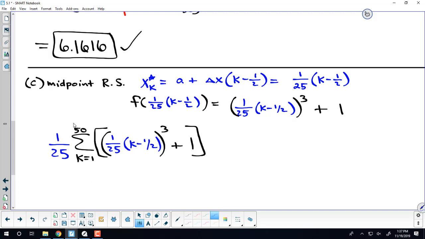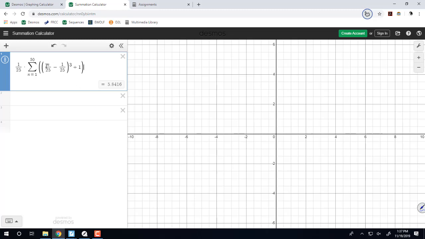So we need to sum that up as well. What do we have? Look at this. k minus a half, or n minus a half. We'll just go ahead and close those parentheses. But okay, so there's our x star.